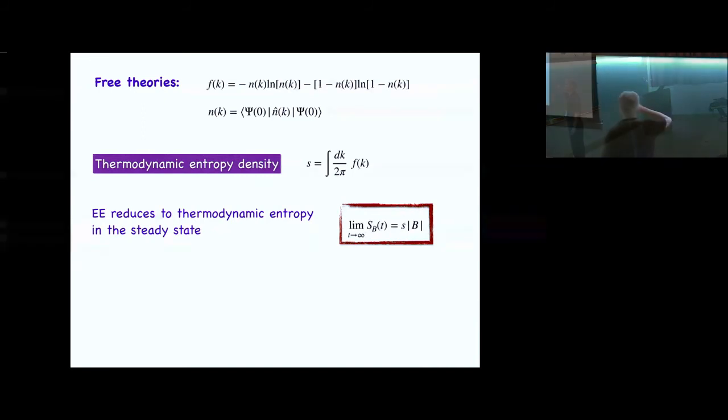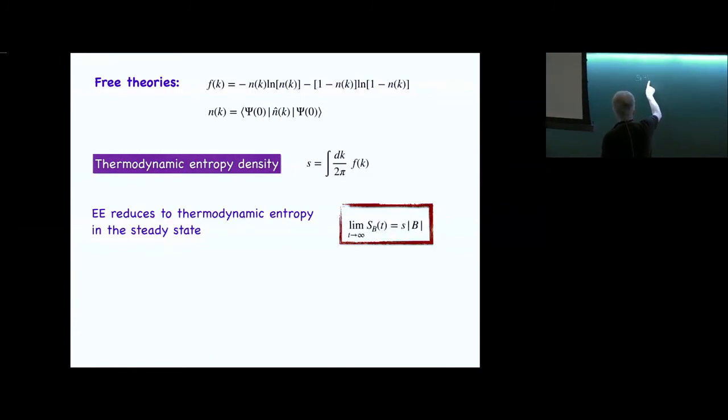So rho B of t is the reduced density matrix of the subsystem after a quench. What I know is that in the limit t goes to infinity, rho B of t becomes the trace over B bar of 1 over Z e to the minus beta times H. That's what we were discussing yesterday.